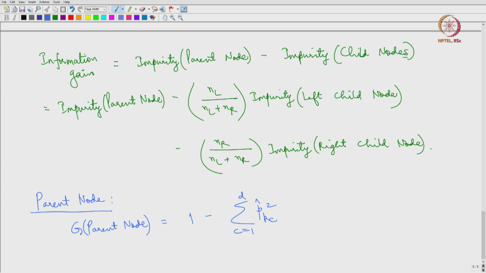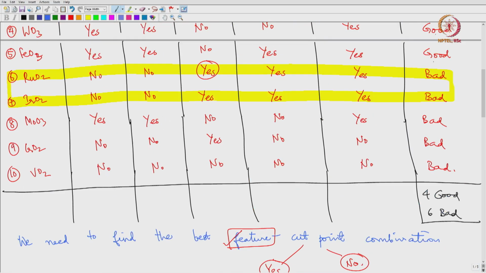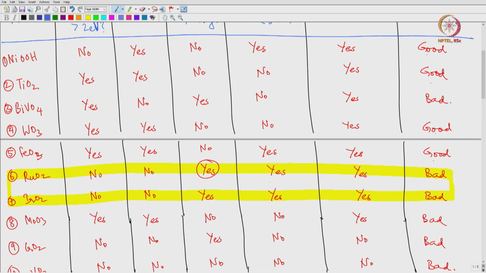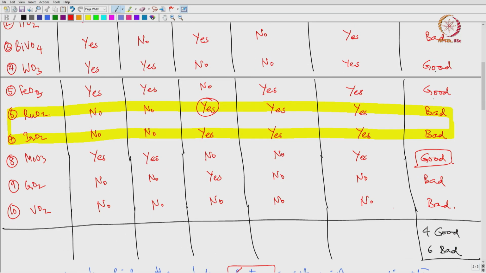Let us go back and see our data. We have good, good, bad, good, good, and then bad, bad, good, bad, bad. I have this point that needs to be corrected here, this is good. Do keep that in mind, I should fix this here.